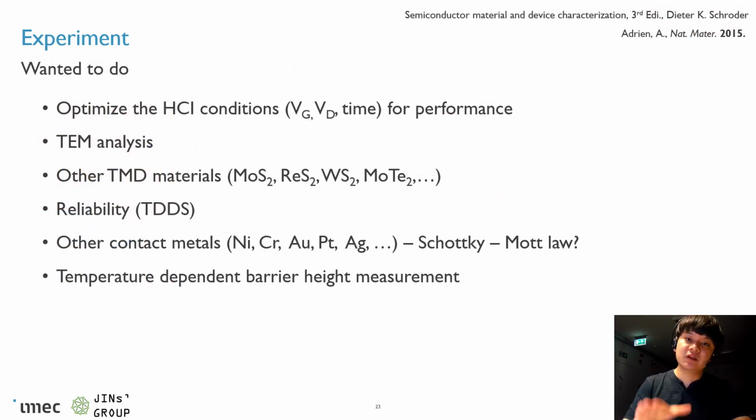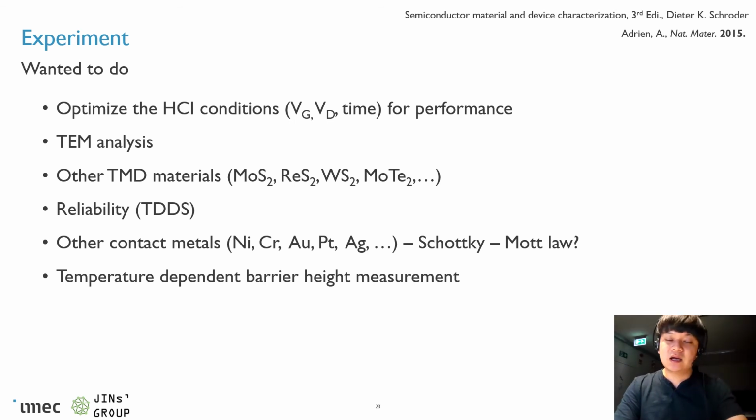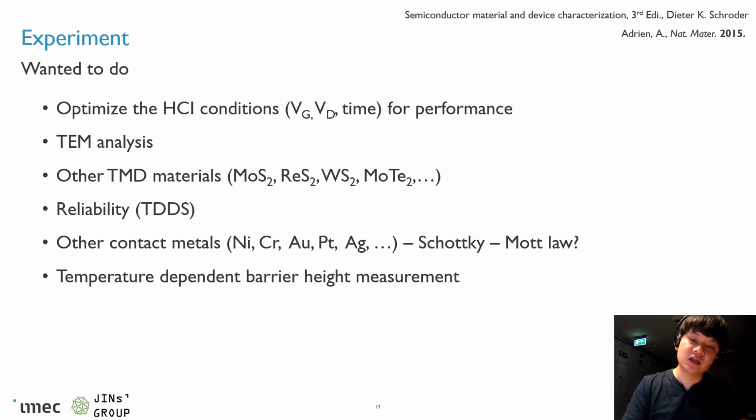To be honest, I really wanted to find the optimized condition for performance enhancement, like doing TEM images or optimizing the hot carrier injection conditions, gate voltage, drain voltage, or time, for the best performance. And I want to check other TMD materials, like molybdenum disulfide or tungsten disulfide.